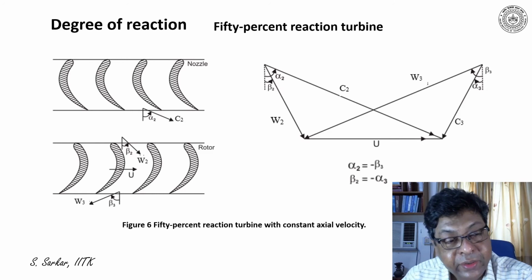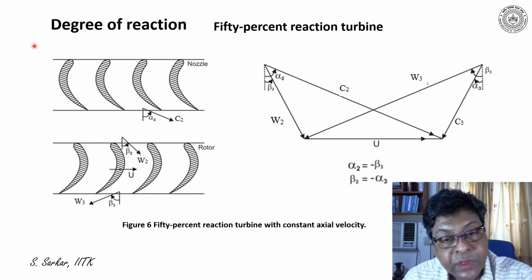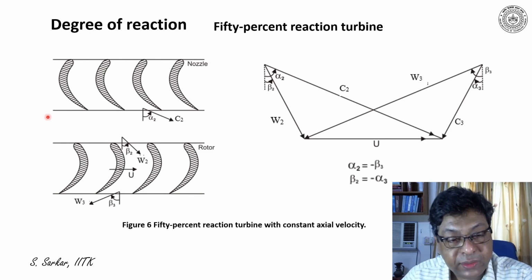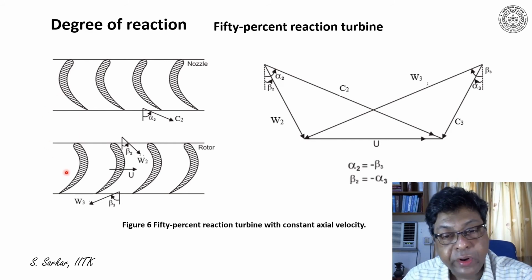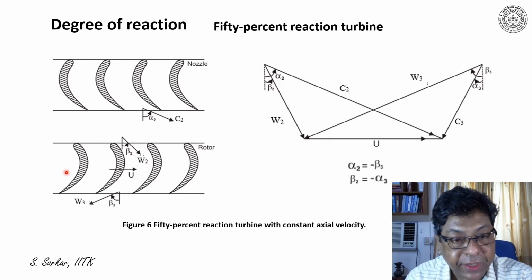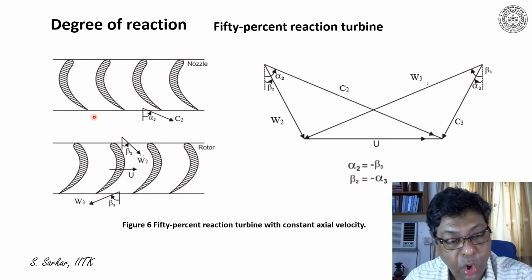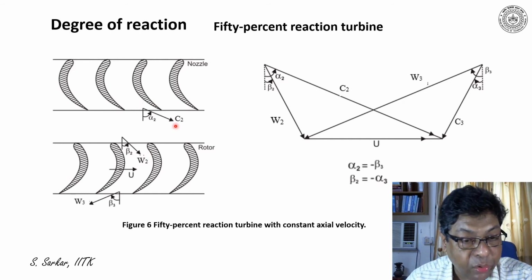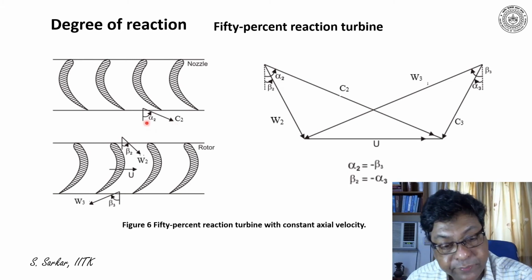I'll derive here the blade loading capacity of a 50% reaction turbine. Please note the aerofoil sections, the construction of the nozzle and that of the rotor for a 50% reaction turbine, where the blading for the nozzle is the same as for the rotor, however their orientations are different. Let us consider C2 be the exit velocity of the nozzle that makes an angle alpha 2 with the z-axis.